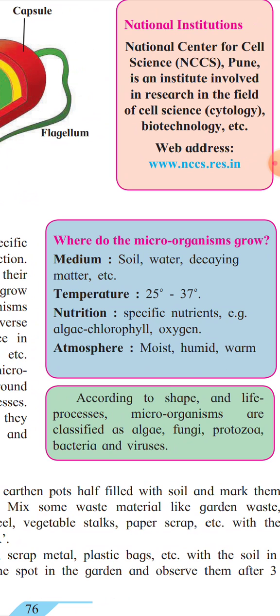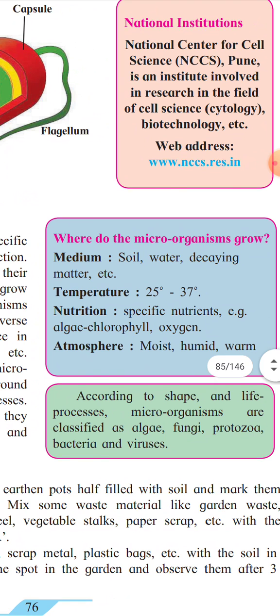Atmosphere: moist, humid and warm. If microorganisms get a moist, humid and warm atmosphere, immediately they start showing their growth. According to shape and life processes, microorganisms are classified as algae, fungi, protozoa, bacteria and viruses.